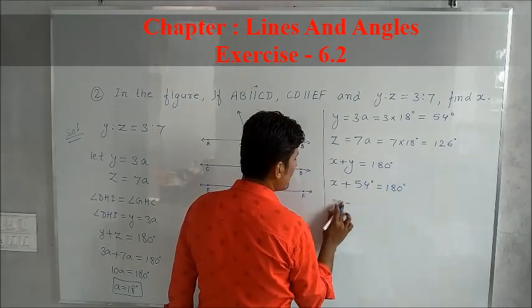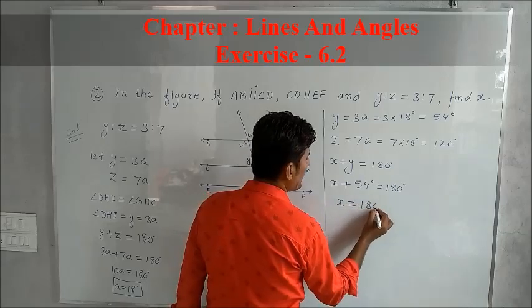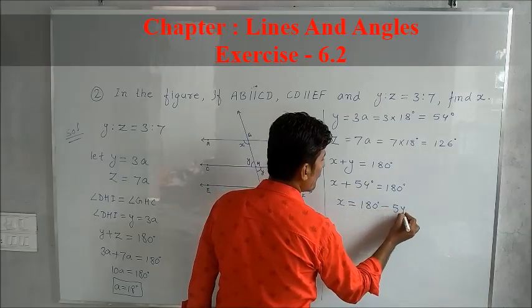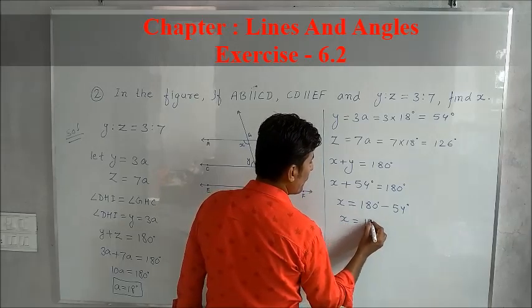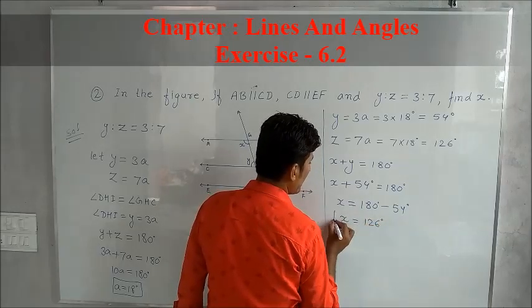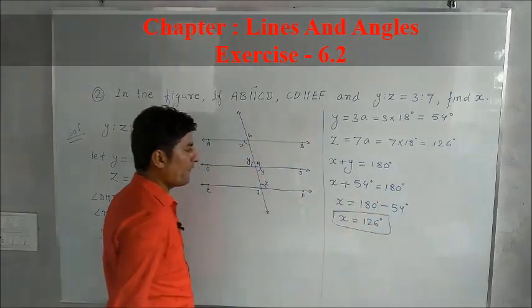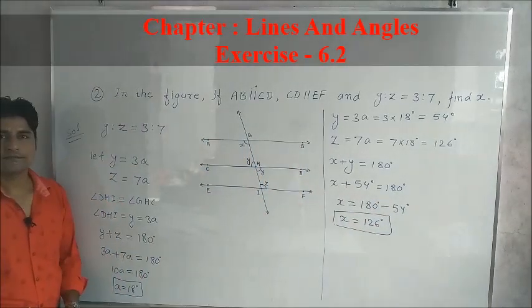X will be equal to 180 degrees minus 54 degrees. So finally, the measurement of X will be equal to 126 degrees. So this is the final solution of this question.